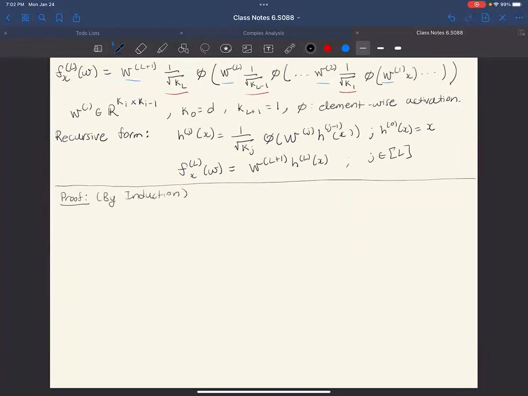And on the previous slide, we actually just checked the base case for when L equals 1. So now let's just assume that the statement is true for a network of depth L minus 1. And so now the question is, how do we prove the two statements for a network of depth L?